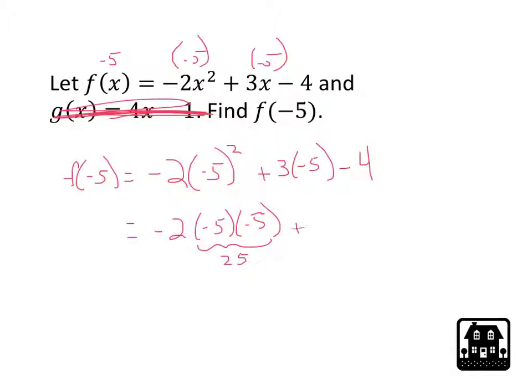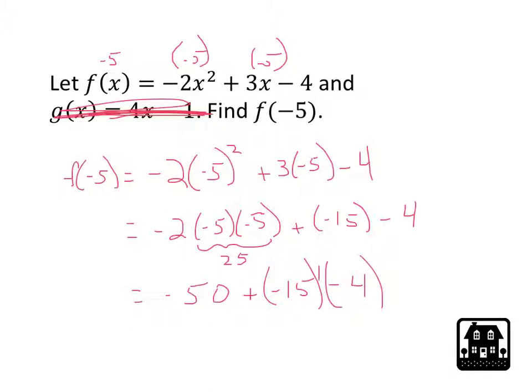Plus 3 times negative 5 is negative 15 minus 4. Negative 2 times positive 25 is negative 50 plus negative 15 minus 4. We can even call that plus minus 4 if we want to.